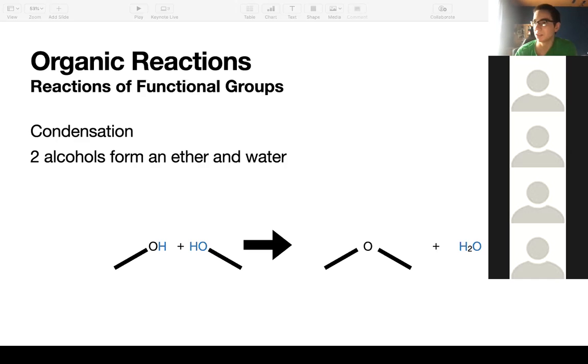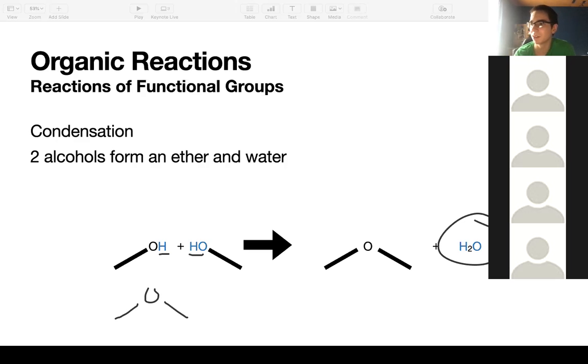Two alcohols will combine, dump the OH and the H to form H2O. And you just want to connect the lines. So we got an O, and we just have that second line. And that's how we get this ether.